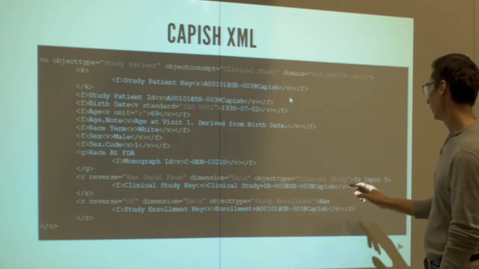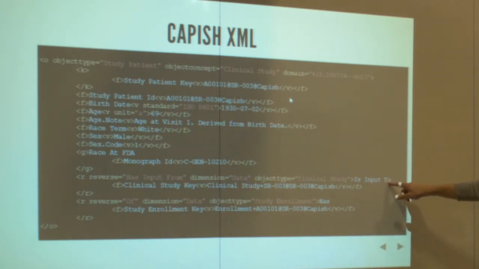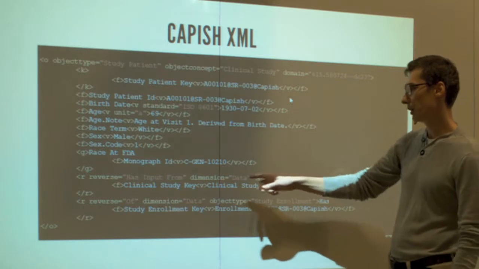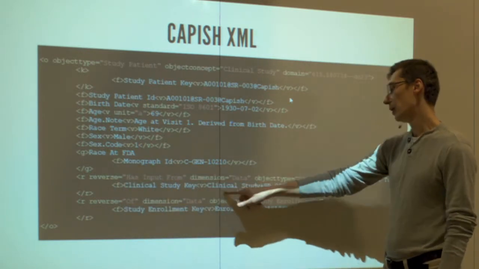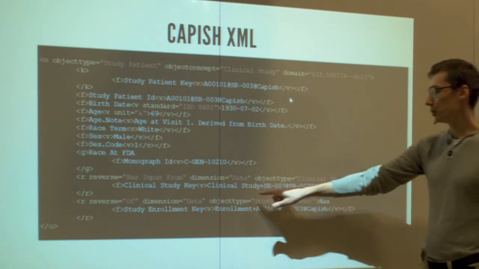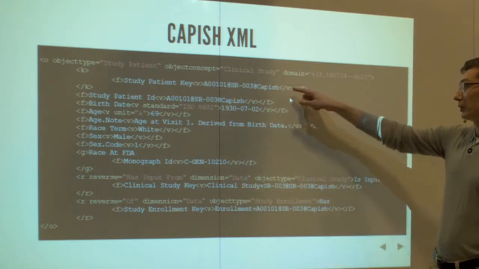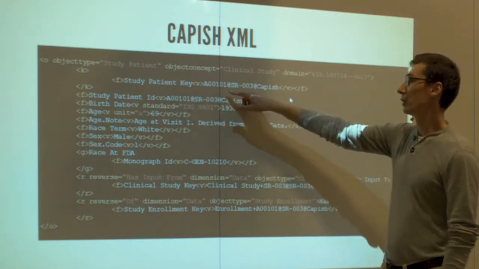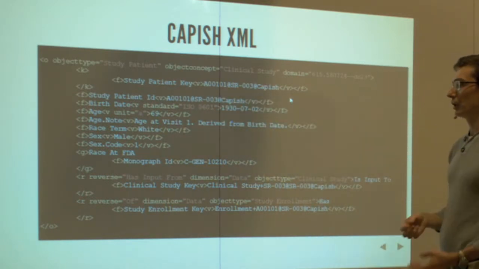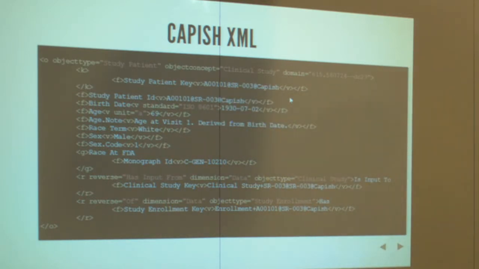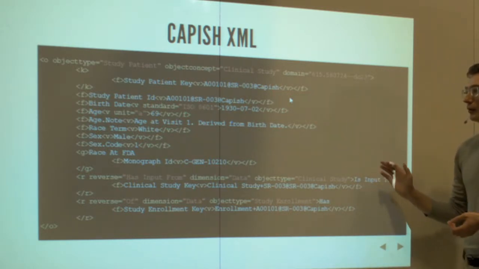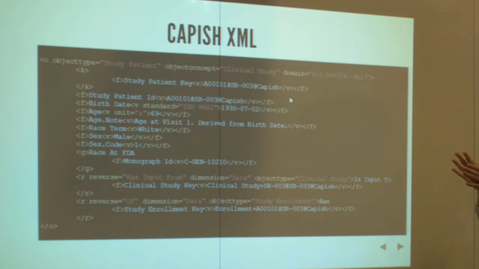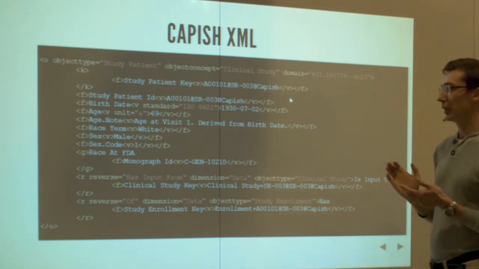So the relation has a name, then it says to which object type it points, and then the reverse relation also gets a name, and then there is a key of the object it's pointing at. The same holds for this object itself. Of course, it also has a key. It's a unique identifier.